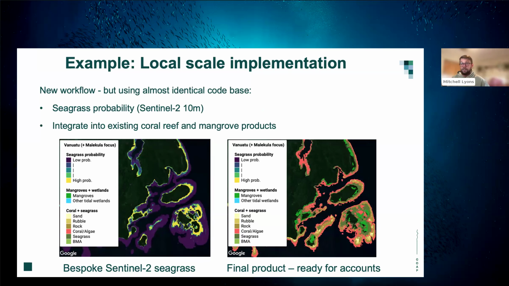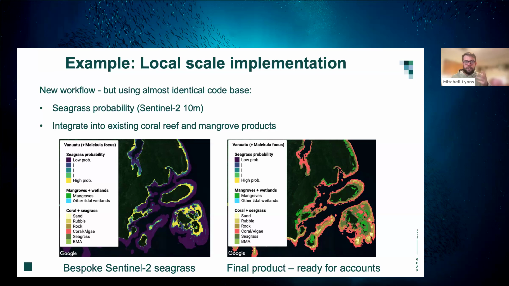And so what we've done here is used a really similar mapping framework that we use to do the coral mapping, except that we've pulled out the seagrass component of the model and we've fit an individual probability model for seagrass with a bit of extra local training data. So we pulled new training data points, expanded them, made a new model just for this area in Vanuatu.